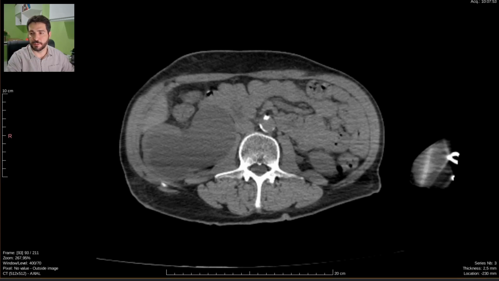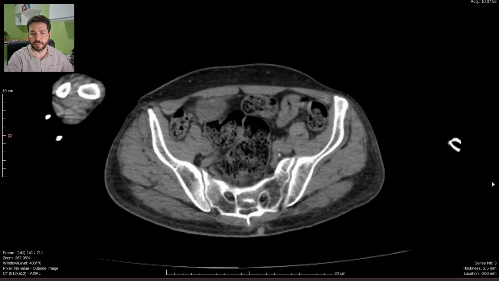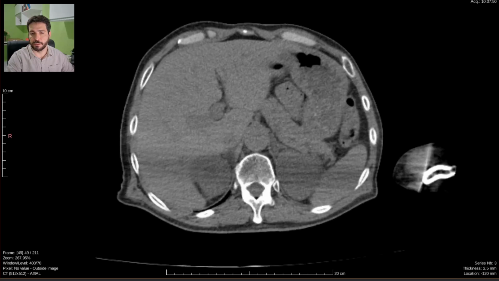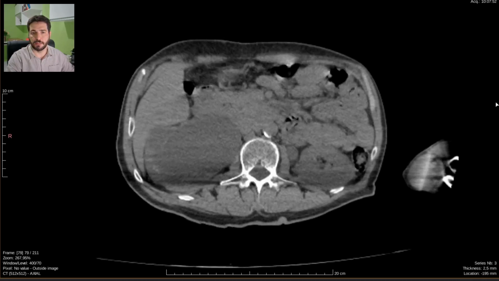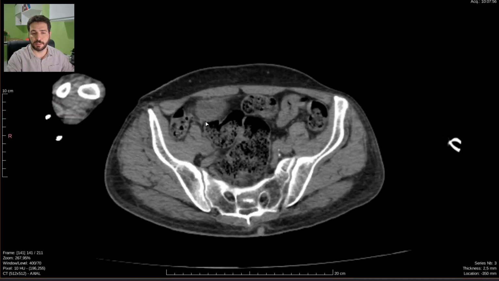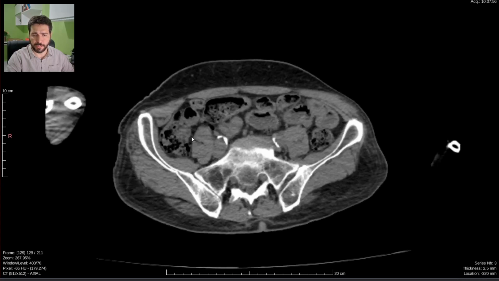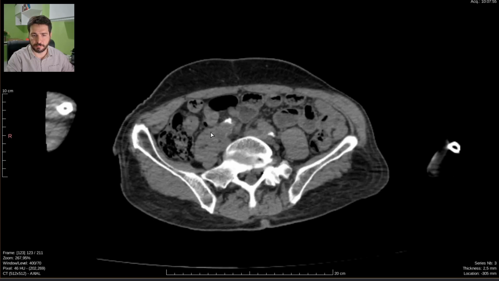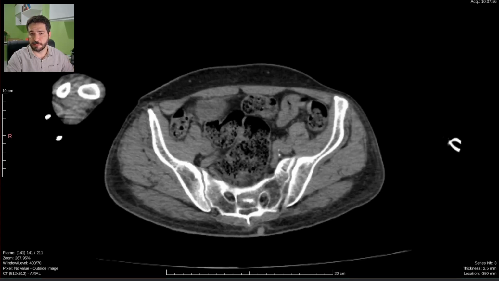Speaking of this, the aorta is calcified a bit more than expected for his age, but what can you do? Everyone ages differently, and we can see right here the appendix on the right iliac fossa, as most of the time it is. So we have accomplished yet another task of localizing the appendix.